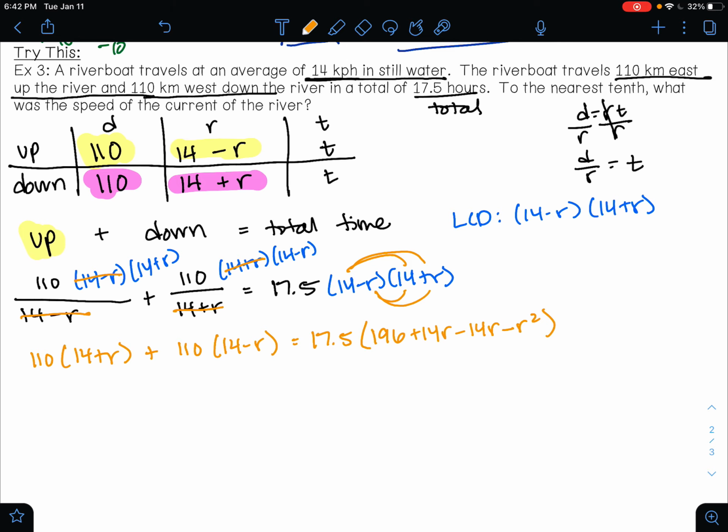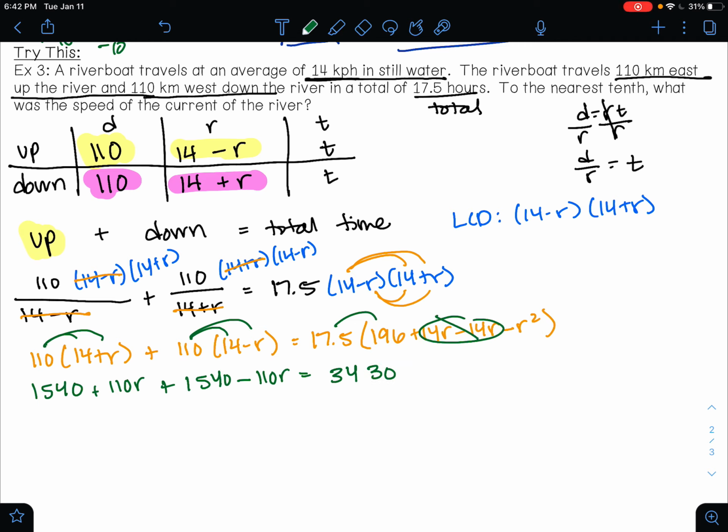So from here, I'm going to go ahead and use my distributive property. 110 times 14 is 1,540 plus 110R plus 1,540 minus 110R equals, let's see, 17.5 times 196 is 3,430.